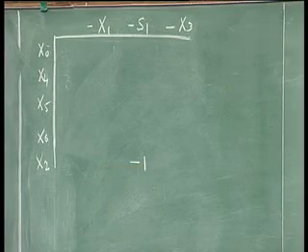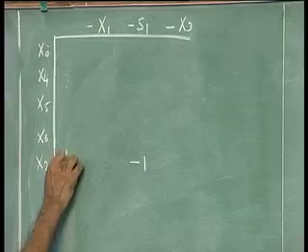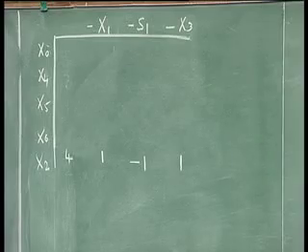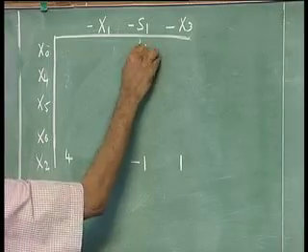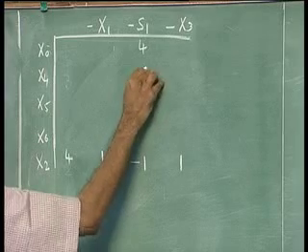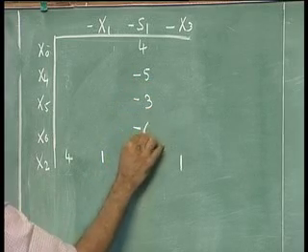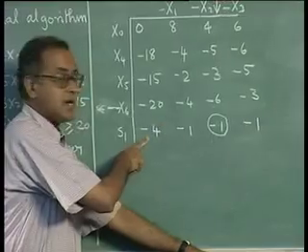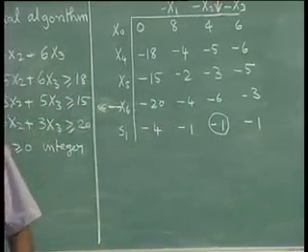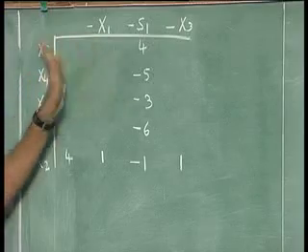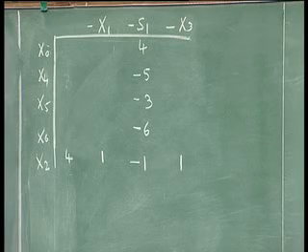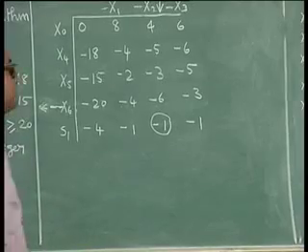Rest of the elements in the pivot row are divided by the pivot to get plus 4, plus 1, plus 1. Here divide by the negative of the pivot, so basically you retain the same numbers, 4, minus 5, minus 3 and minus 6. Now what we have done in the process is that this minus 4 has become plus because the pivot is minus 1, and you will see later that the dual feasibility is maintained the way we carried out. The way we got these numbers, 1 by 2, 1 by 6 and 1 by 3, dual feasibility will be maintained, which we will see now.